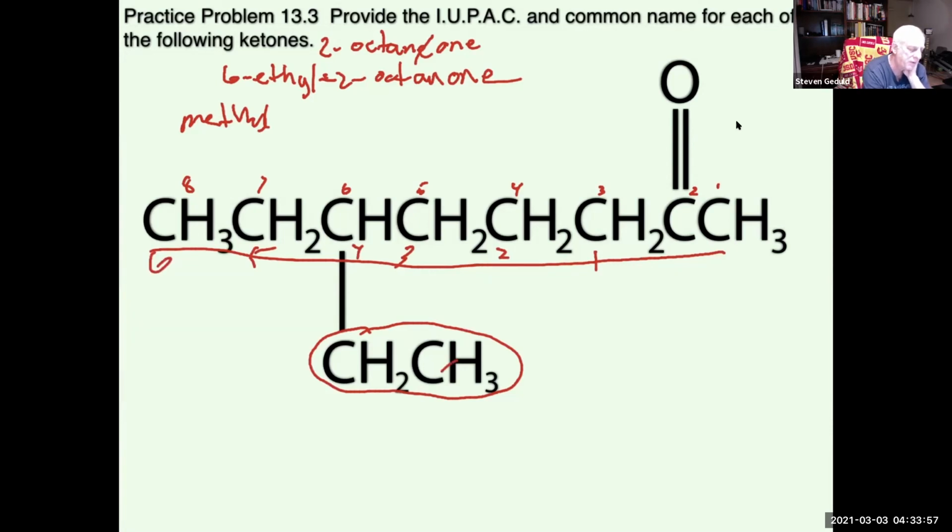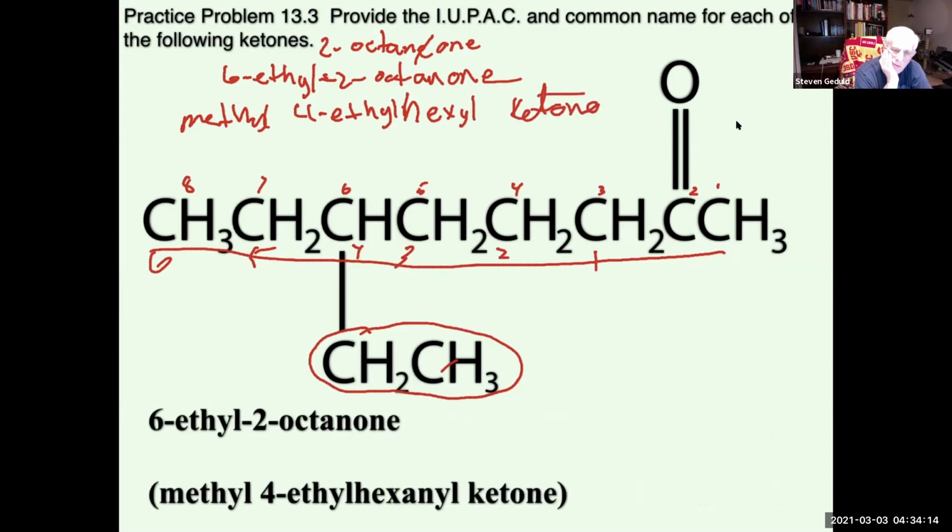So it's methyl and then 4-ethyl hexyl ketone. Okay. So 6-ethyl-2-octanone, which we got, that's our IUPAC name, or methyl 4-ethyl hexyl ketone.